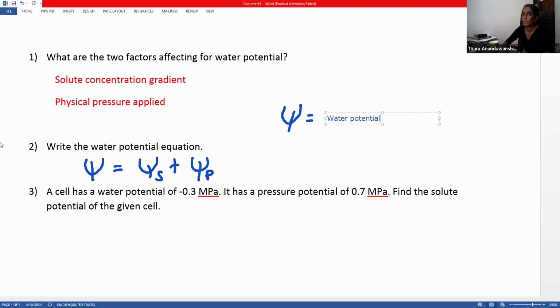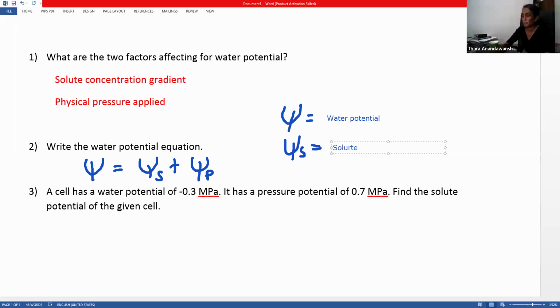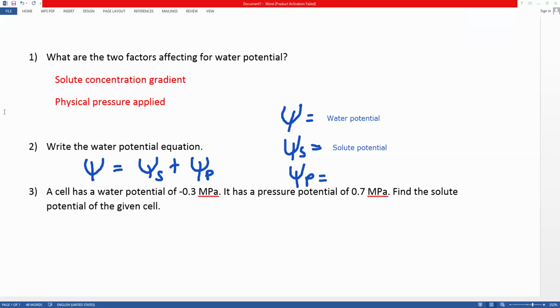Then what is psi s? Solute potential. And what is psi p? Pressure potential. Yes.